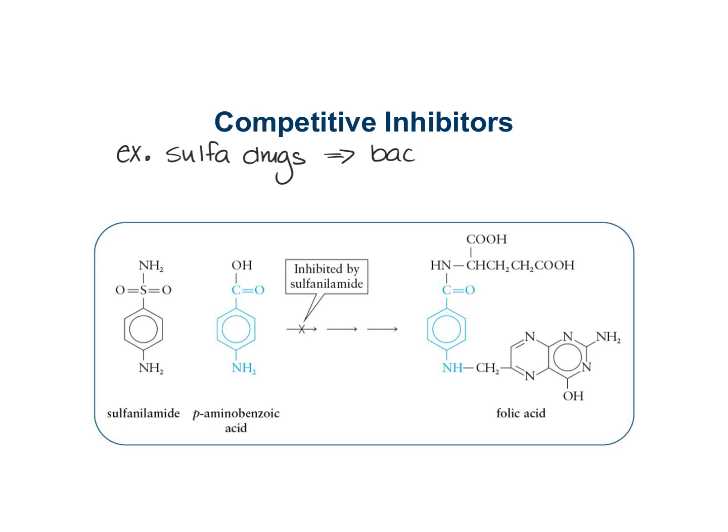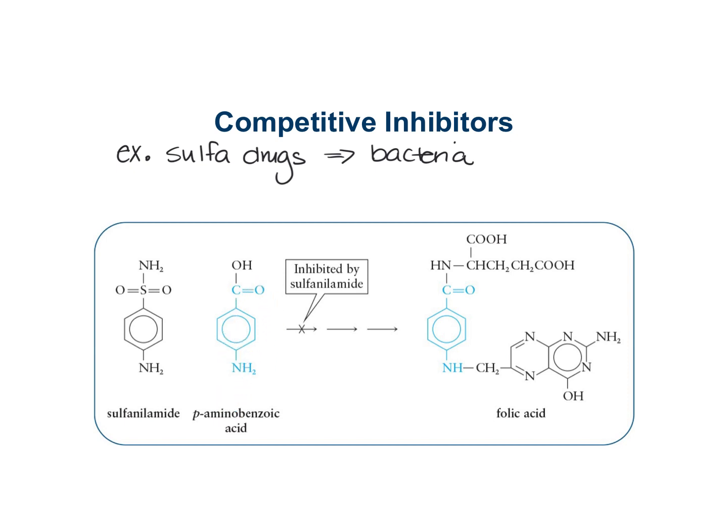Folic acid is a substance that's needed for growth by bacteria, and it's normally synthesized within the bacteria by a chemical process that requires p-aminobenzoic acid, which is shown right here for you.